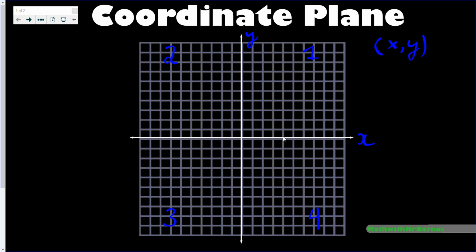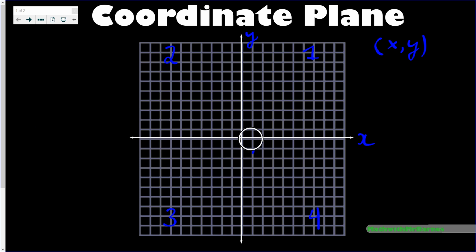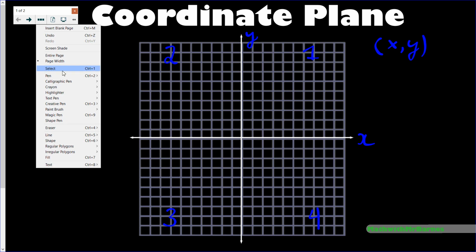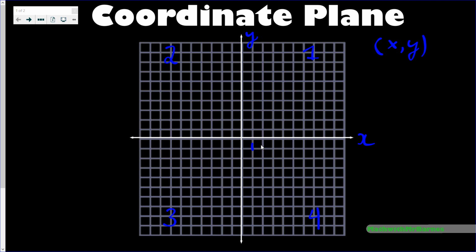If you look at this part of the x-axis, this part here is positive. So this would be 1. Let me try that again. So this one right here will be 1, 2, 3, 4, 5, 6, 7, 8, 9, and 10.